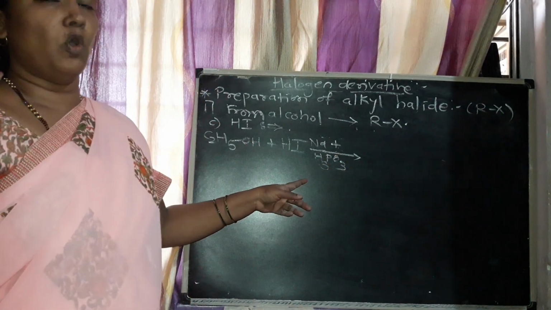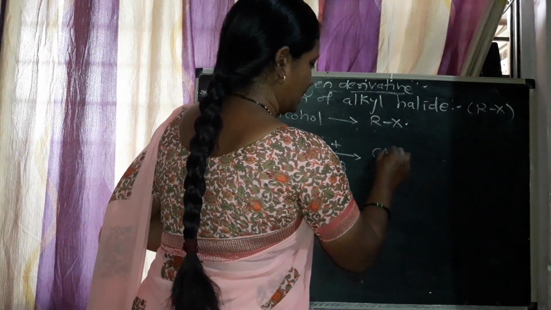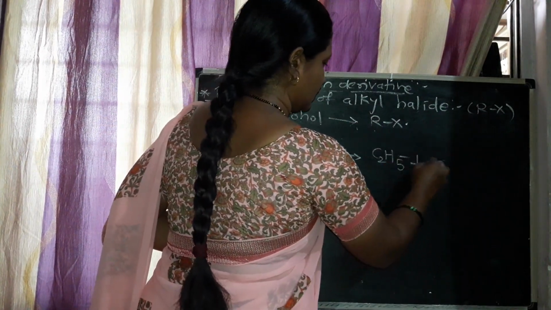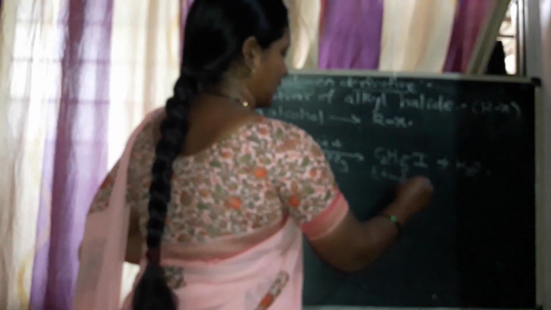H3PO3 means phosphoric acid. Then OH is substituted by iodine, C2H5I is formed here. Now it is the ethyl iodide.